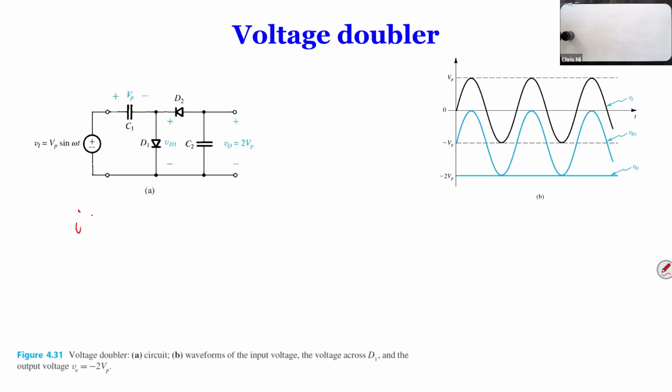So if VI is positive, C1 and D1 conduct. Suppose VD1 is 0, because we're going to assume the ideal case to make it easier. So VD1 is 0. Now how much is VP?